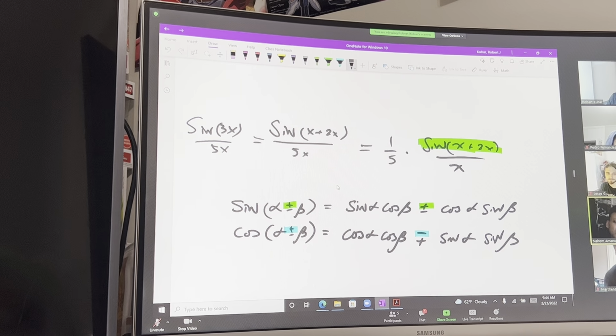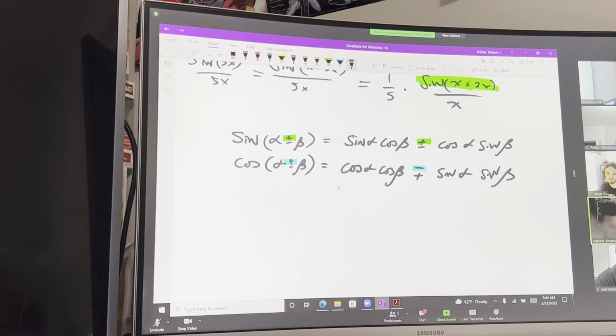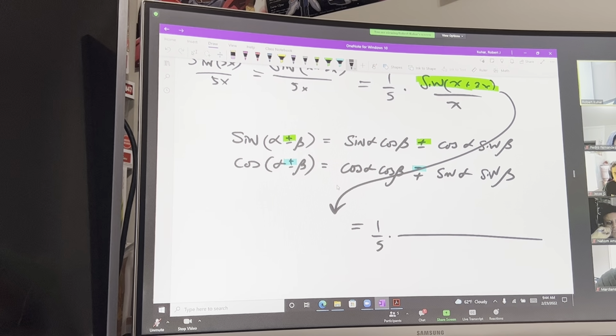Professor, can you do this part just once? I just want to see your thought process when you go through the expression. Yeah. So I've got 1/5 times, and this is x plus 2x, right? So I get sine of x cos of 2x plus cos of x sine of 2x, all over x.